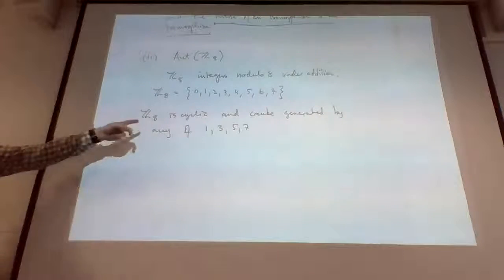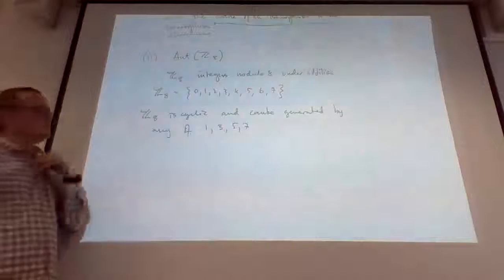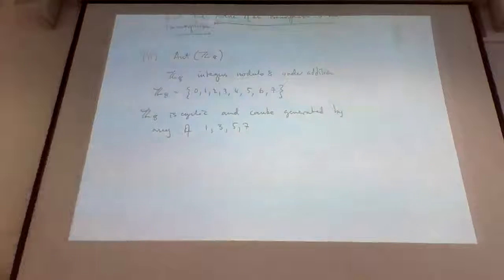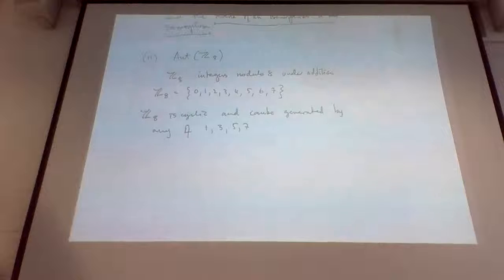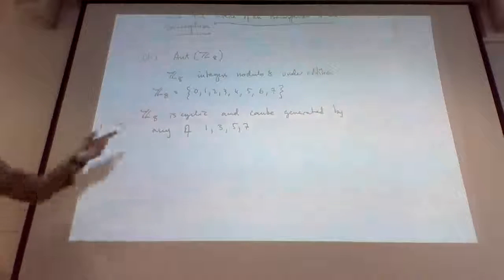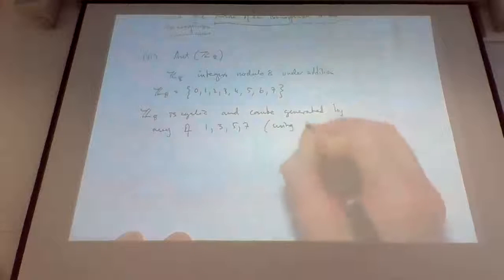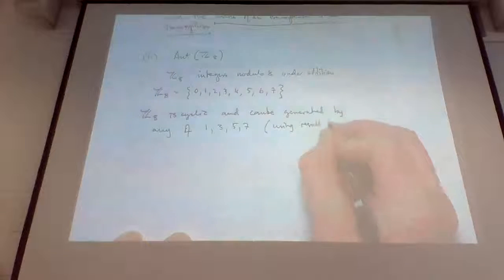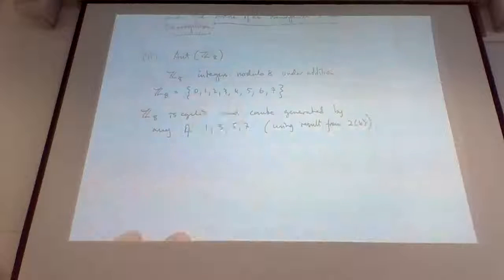So the odd numbers are all co-prime to 8. Here I'm using the result from 2B: anything co-prime to 8 is a generator.